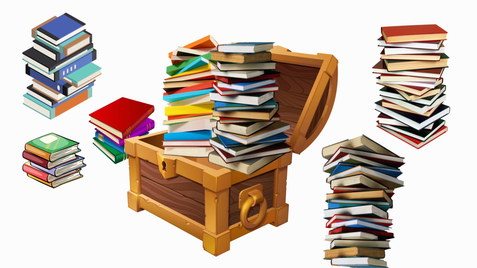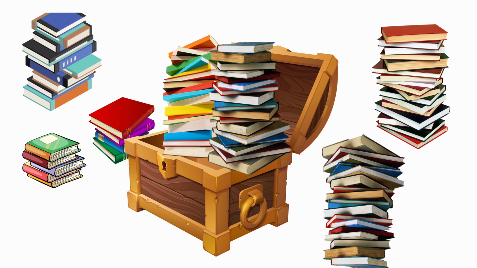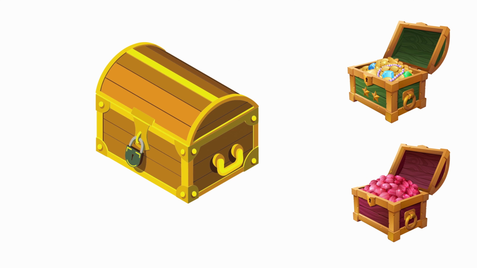Okay, let's start. You have knowledge written down in books, a lot of books. And some of those books you put in a treasure chest and you say, okay, these are my training data for the system. And then if you're a company, you lock this training chest.